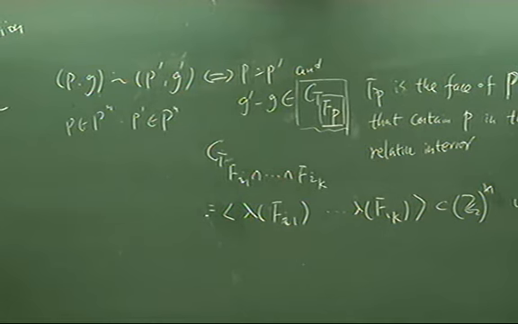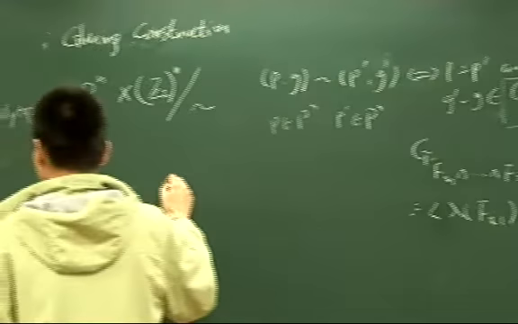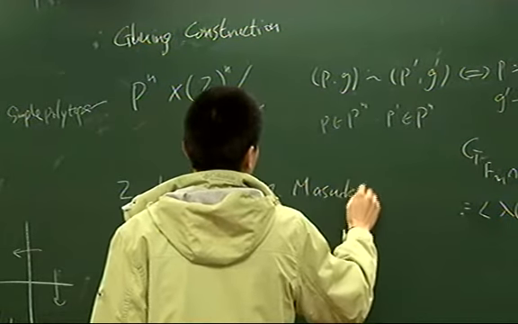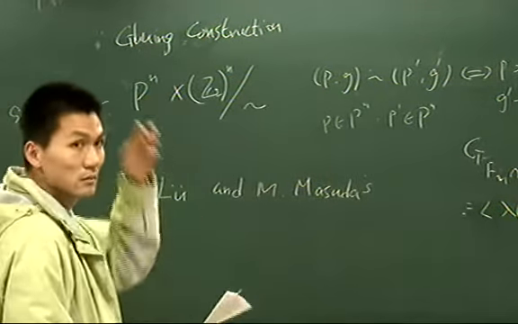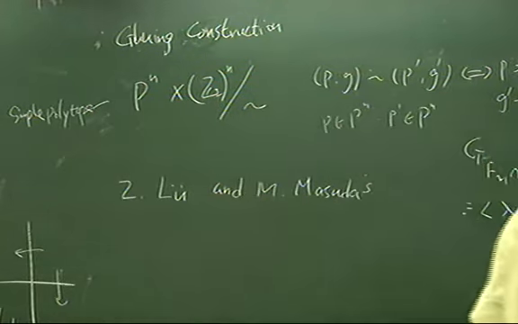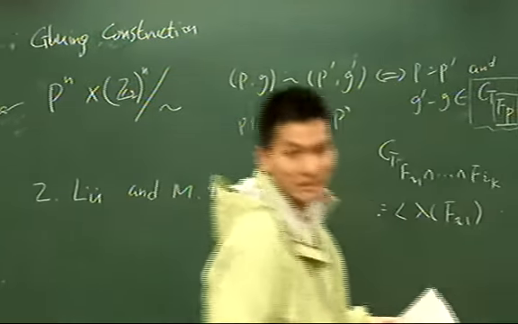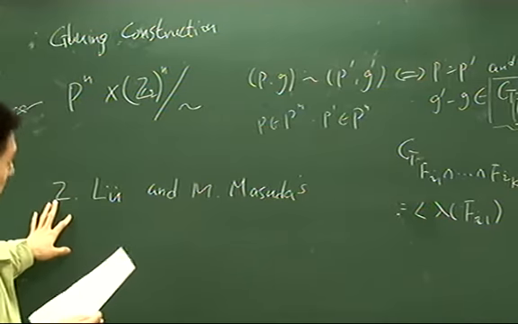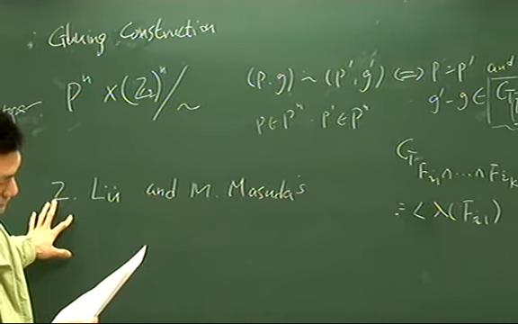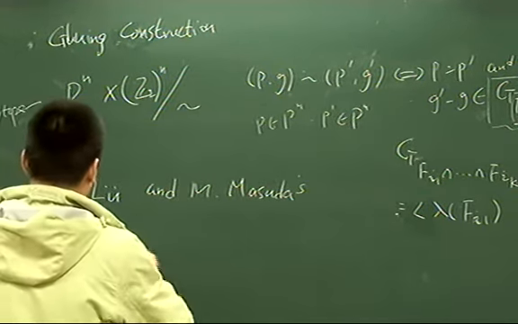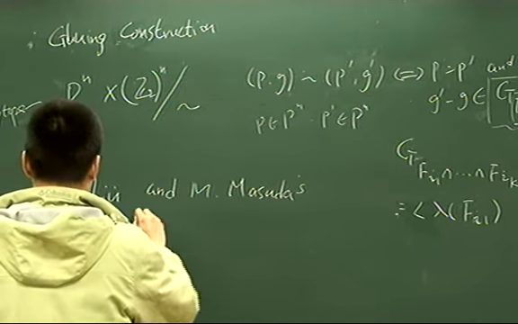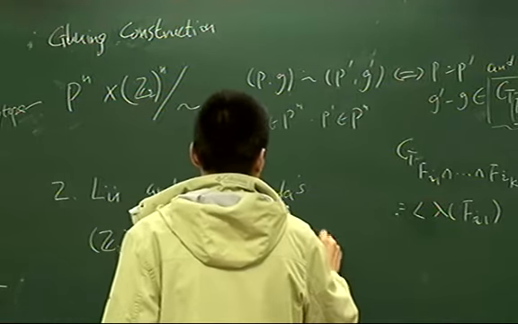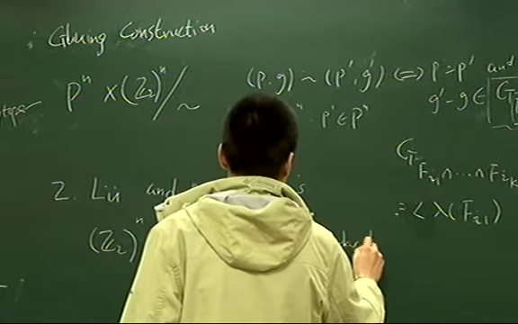Another source of examples comes from Zhi Lü and Professor Ikemasta's work. They define some sort of generalized locally standard action.